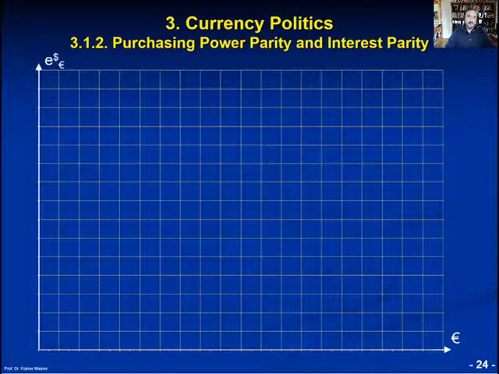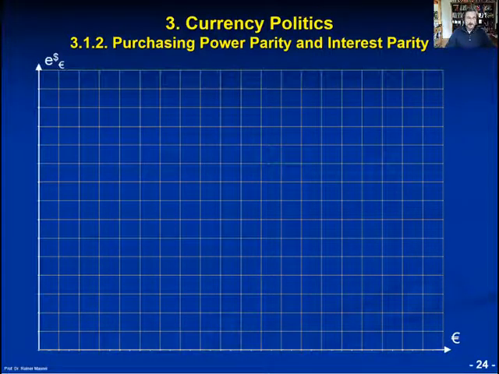On the market where the euro is traded for dollar, we measure the exchange rate on the y-axis in terms of dollar per euro as usual, and the volume of traded euros on the x-axis.